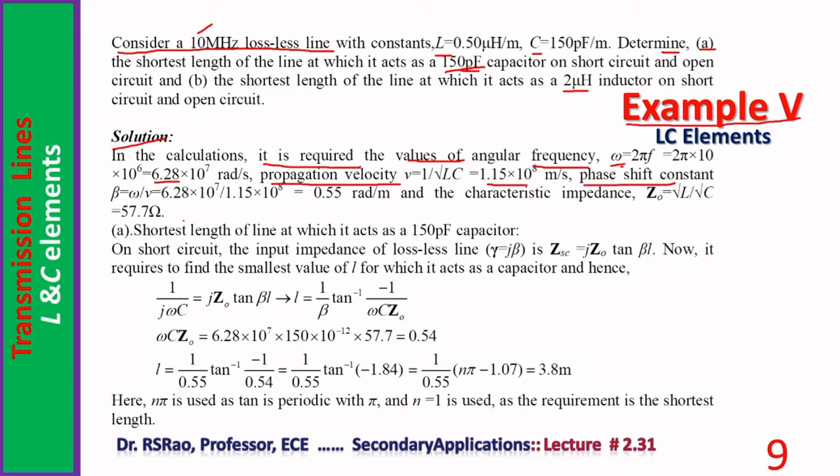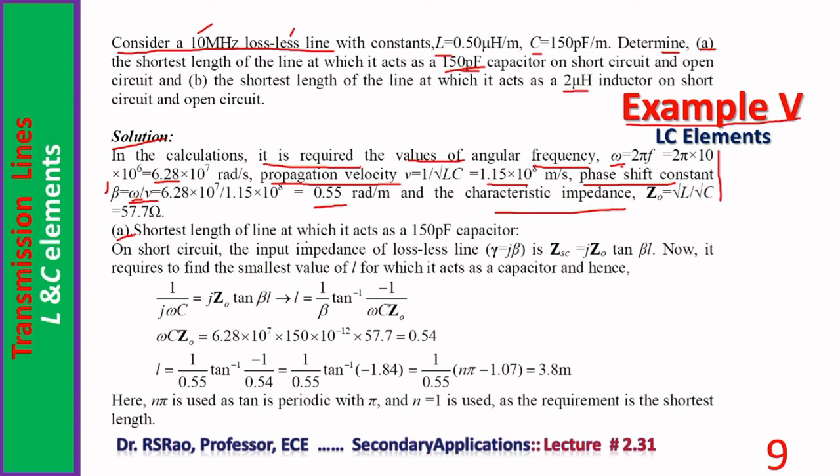Phase shift constant beta is omega by v, so it comes out 0.55 radians per meter. Characteristic impedance Z0 is root L by C because it is a lossless line, 57.7 ohms. So these things we need to use frequently in the calculations, so these are all calculated first. A.